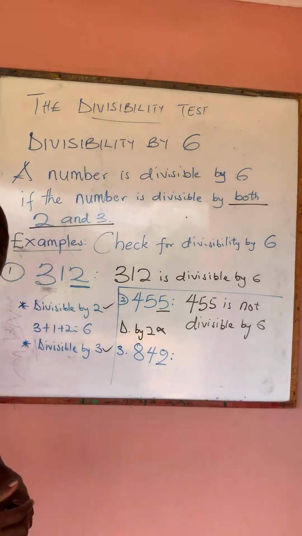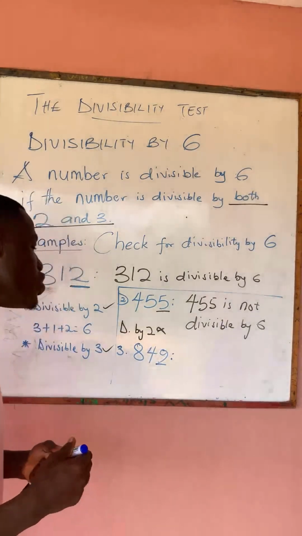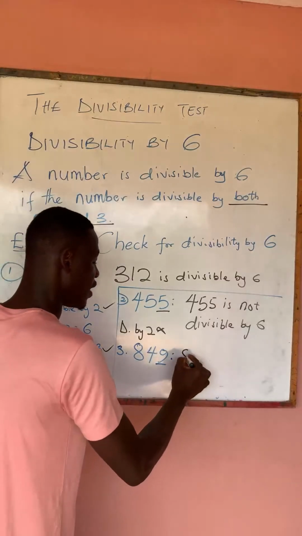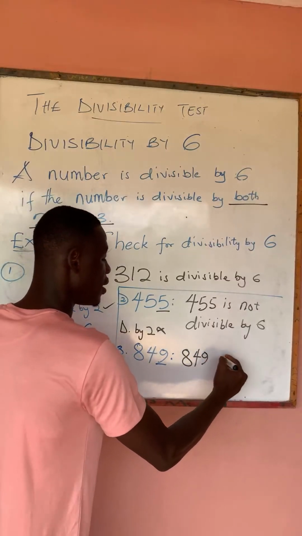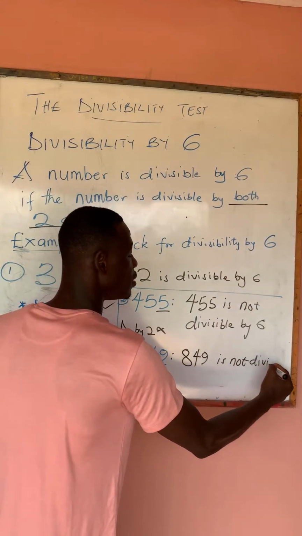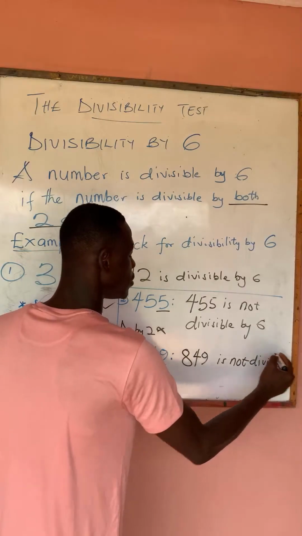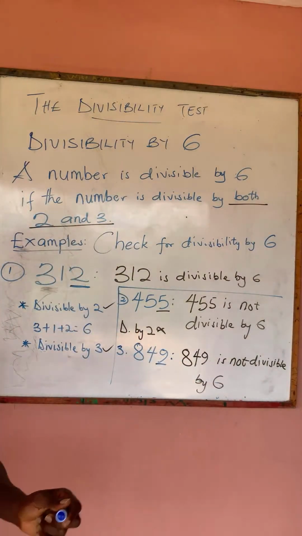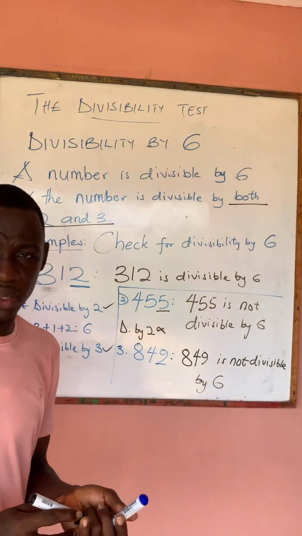And since the last digit is not an even number, we just conclude straight away that 849 is not divisible by 6. Straight. You don't waste time at all. I hope you get it.